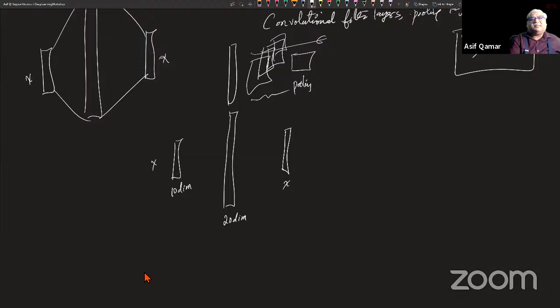Suppose you want X to come out, and you're training this neural net. If you're not careful, guess what will happen? Your network will learn to memorize this X value and just identity forward it from input to output.